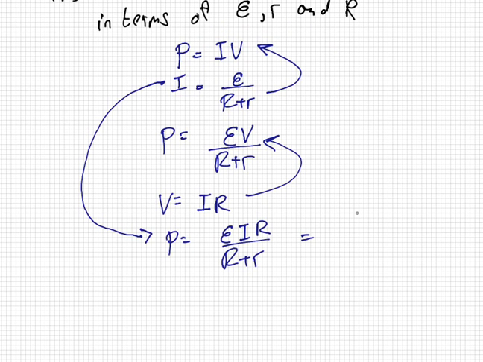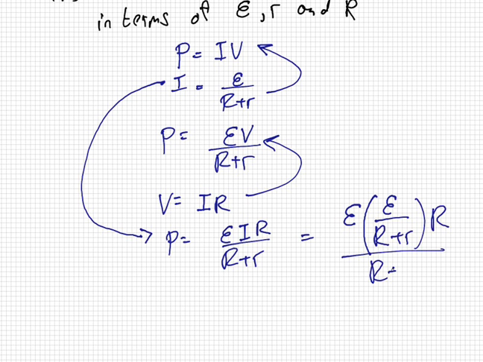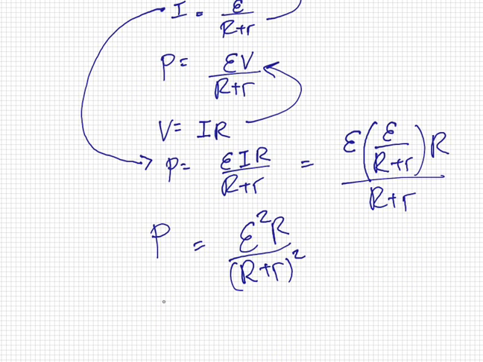So you get E times E over R plus r, times R over R plus r. Okay, so they make a square. So you get E squared R over (R plus r) squared. That's the formula for power.